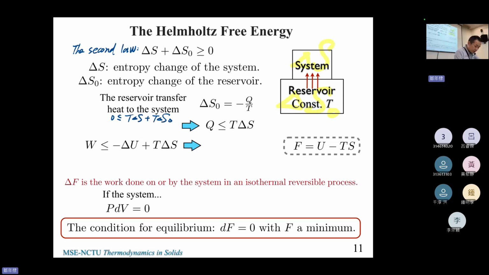We notice that this term is minus Q, so we can rewrite this as Q is less than or equal to T delta S. And then we also know that Q is W minus delta U, so we just move the delta U to the right-hand side, and it becomes this.